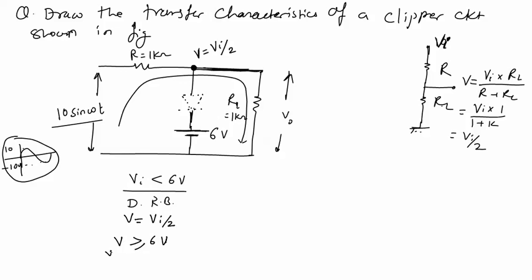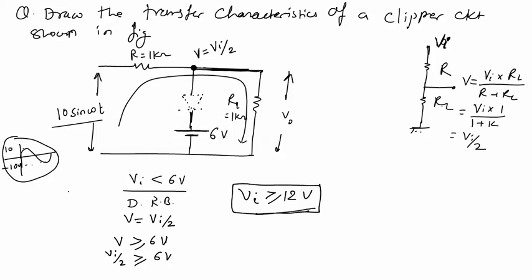If V equals Vi by 2, then Vi by 2 is greater than or equal to 6 volt, and Vi must be greater than or equal to 12 volt for this diode D to be forward biased. And we know that the applied voltage is only 10 volts, so it cannot reach up to 12 volt.